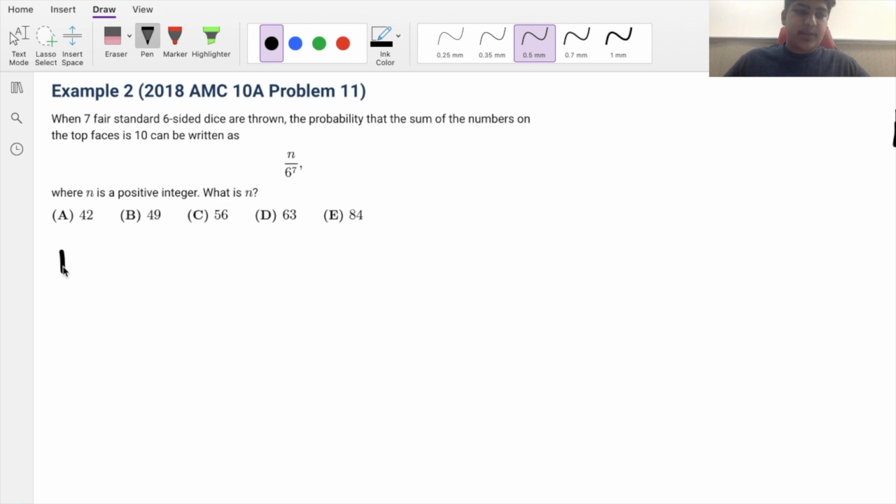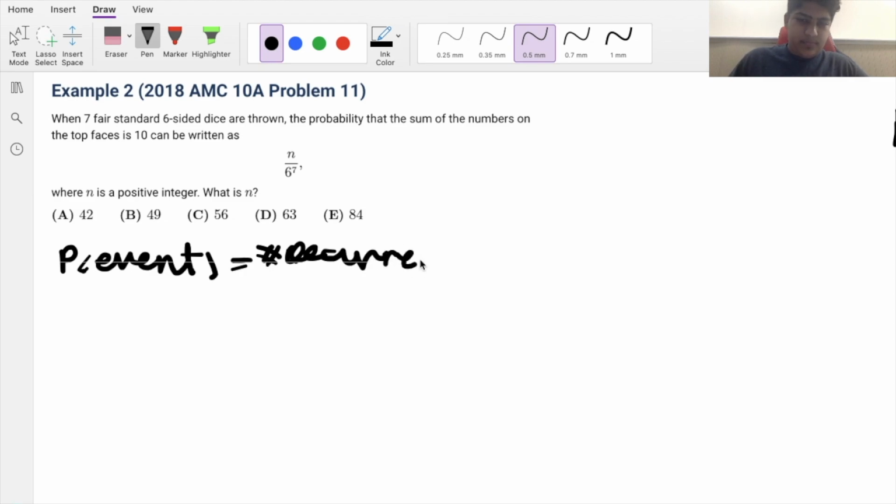So we know that the probability of an event is equal to the number of occurrences, or number of successes, if you want, divided by the number of total.